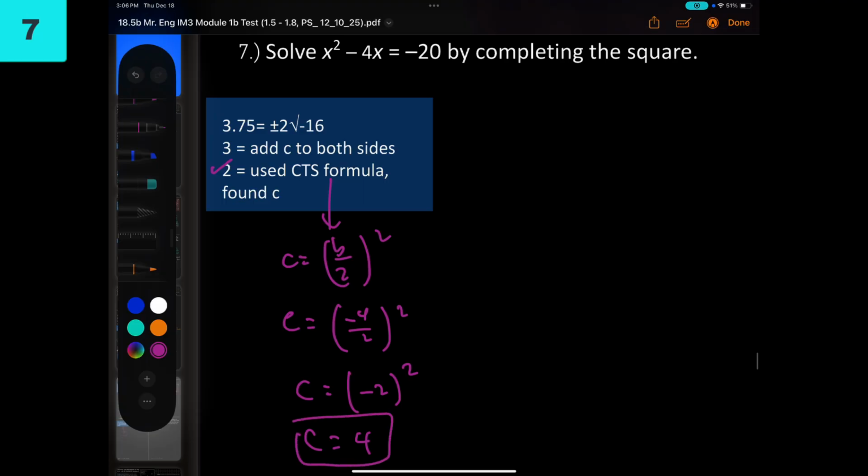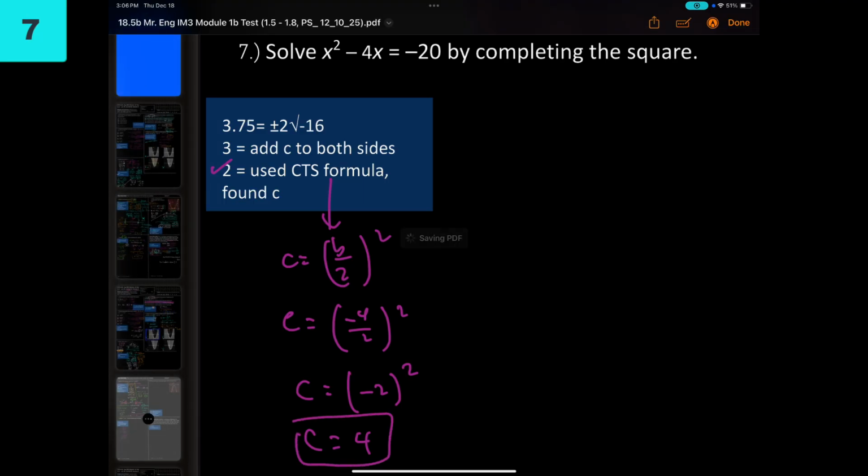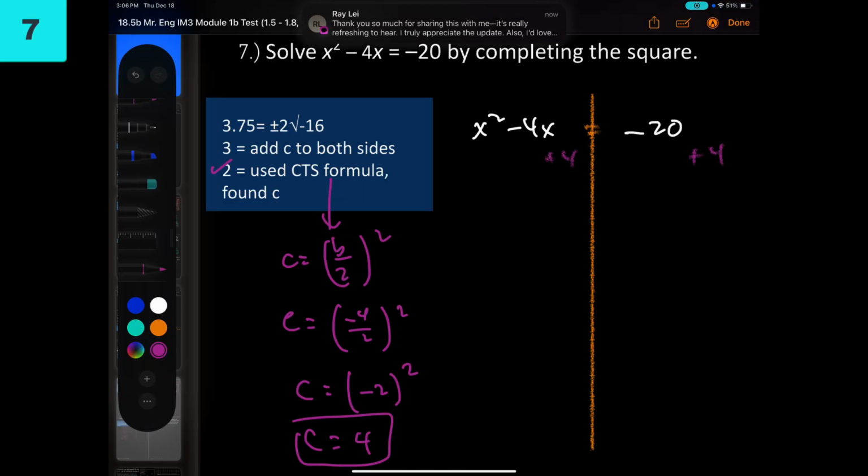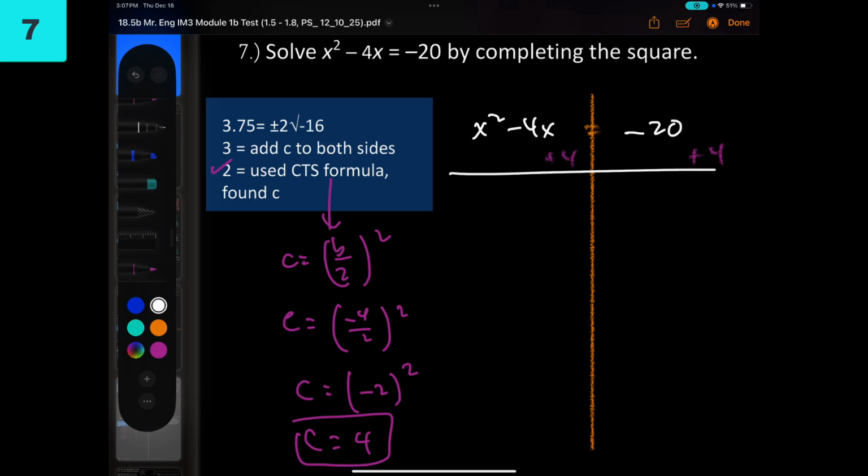So you got 2 points if you just did that. So x squared minus 4x equals -20. You want to keep these separate because you want to add 4 to both sides. X squared minus 4x plus 4 equals -20 plus 4.